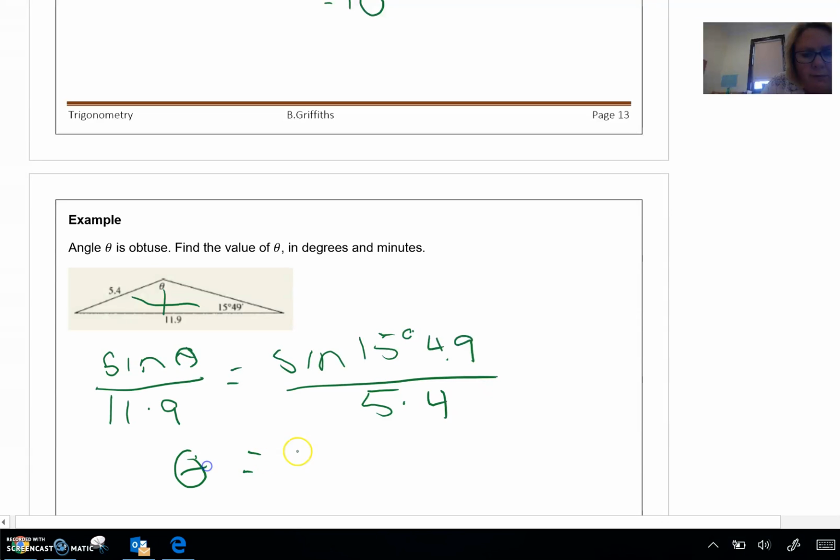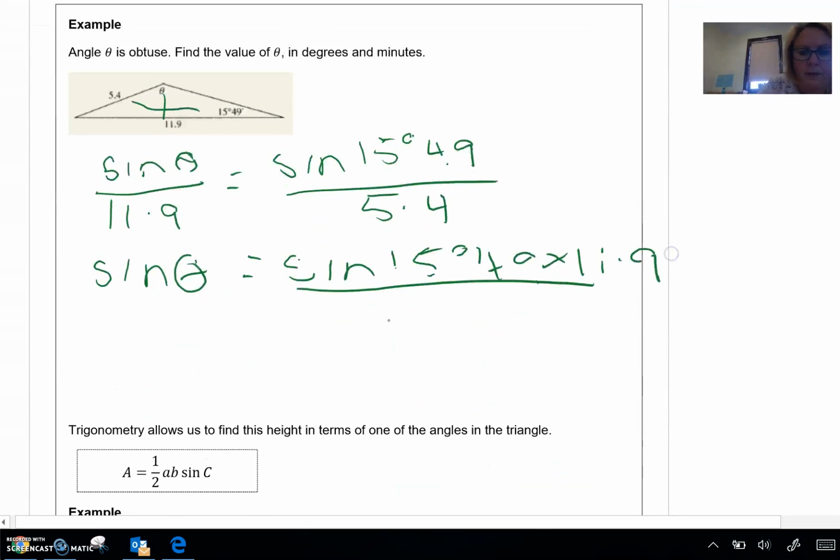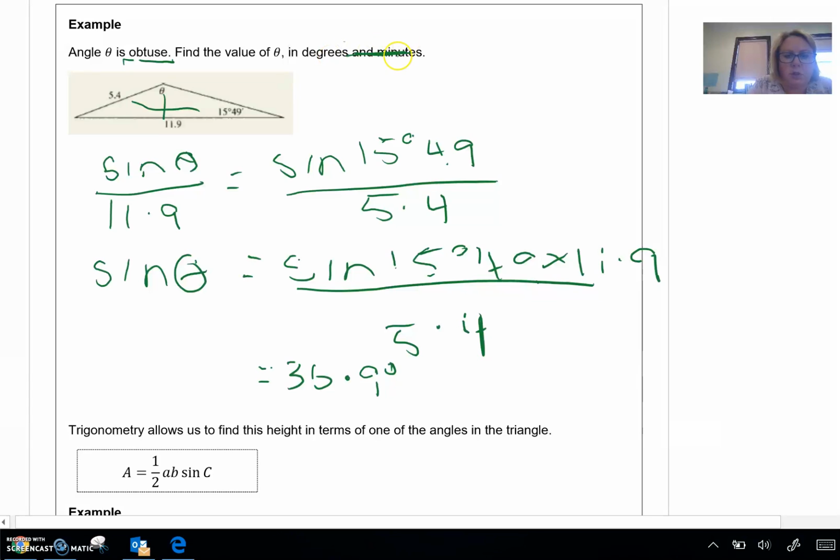So sine theta is sine 15 degrees 49 minutes times 11.9 on 5.4. Okay, in the question it asked for the obtuse angle in degrees. I've just crossed out minutes.